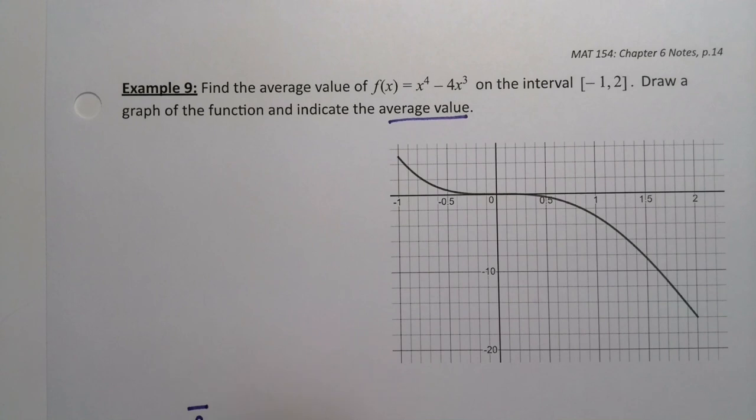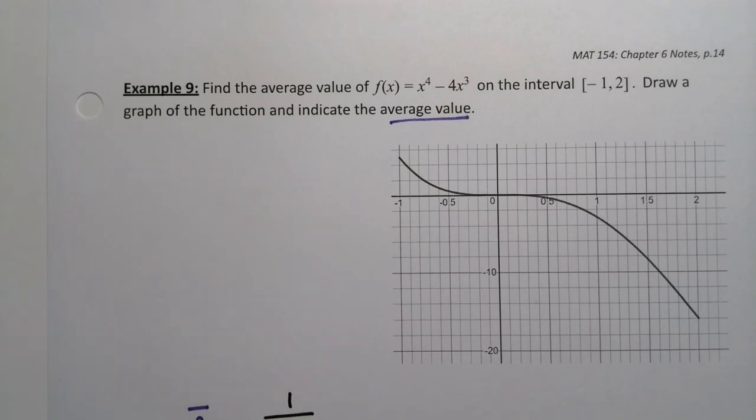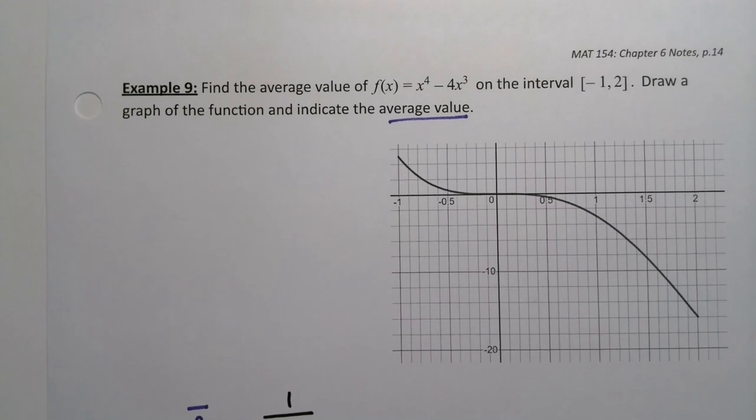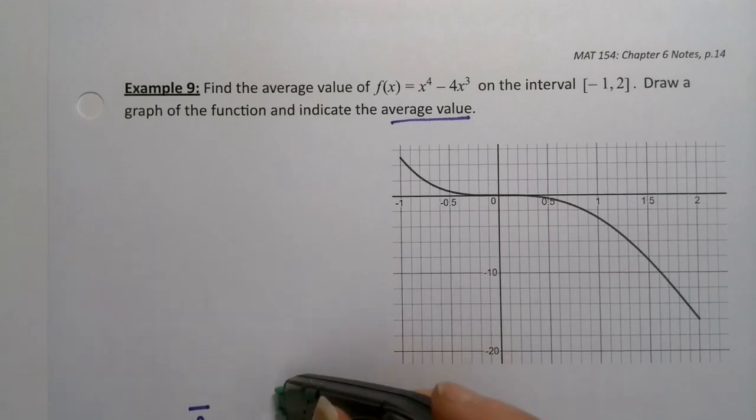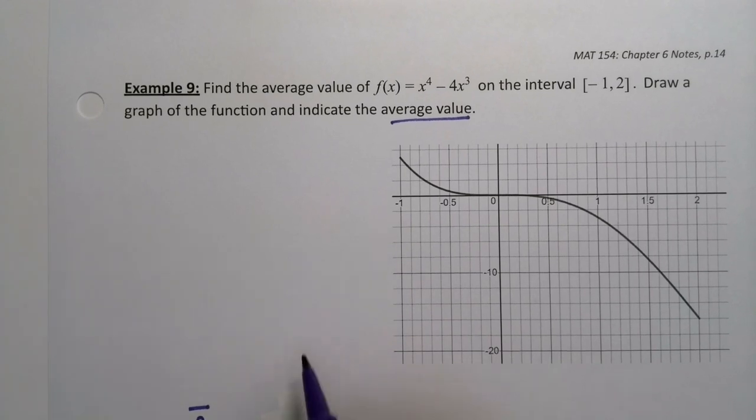F bar, by definition, is the integral, 1 over b minus a. I think I'm just going to do all this in purple, sorry. Okay, so it's 1 over b minus a. That's the height, base, area.